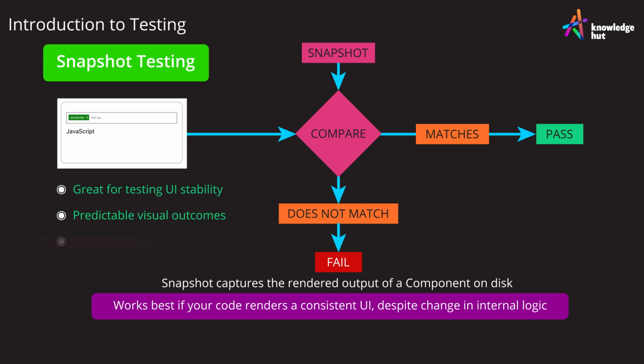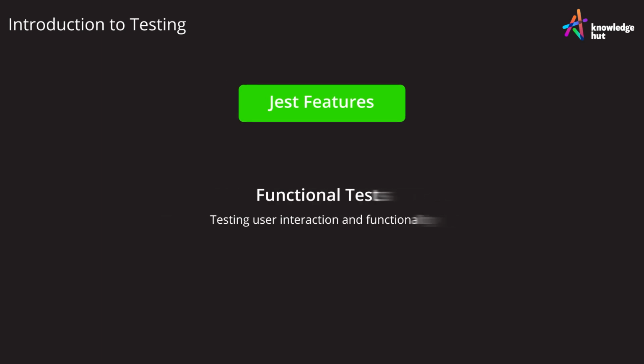But snapshot testing is not always suitable, such as when you want to test specific functionality of your component, rather than what it renders under a given condition. In such cases, a functional test is more suited. Here, we can test actual functionality such as event handlers, state mutation, and even API calls.